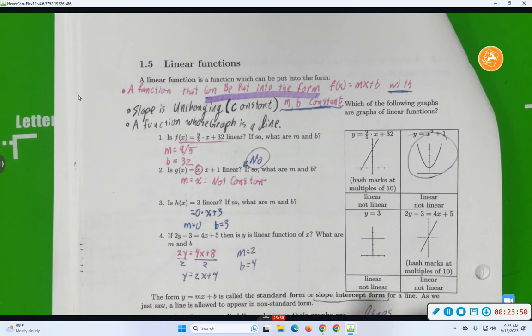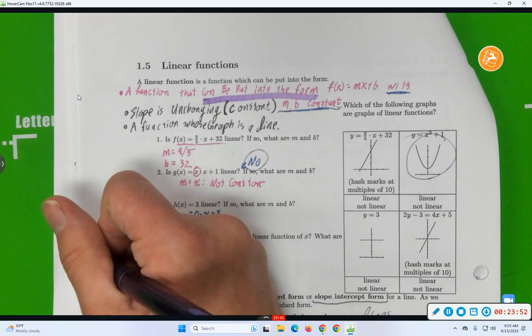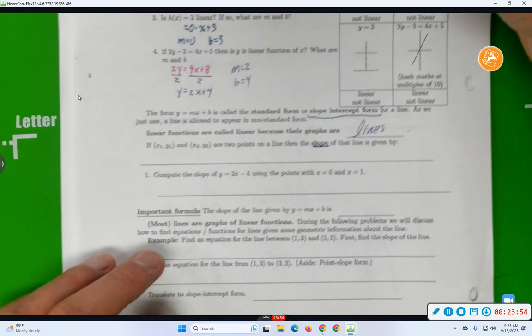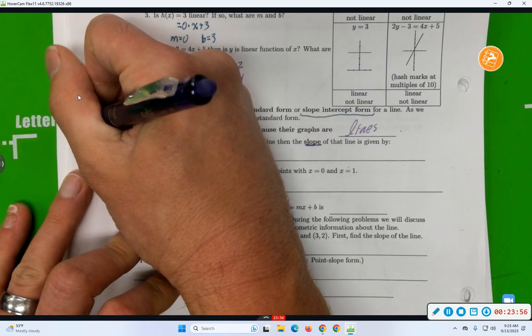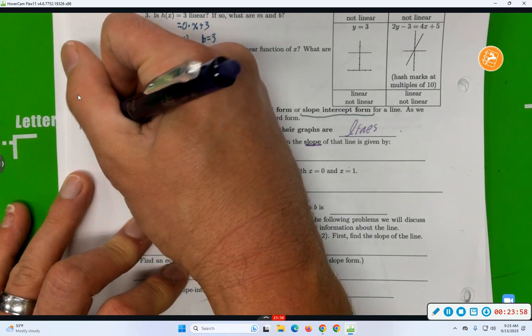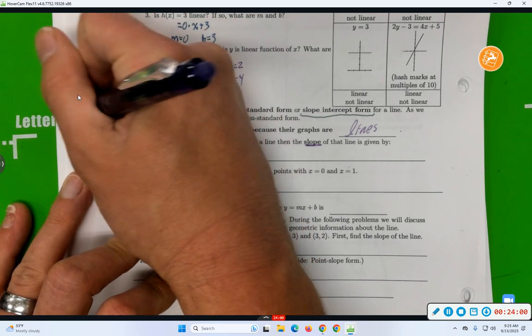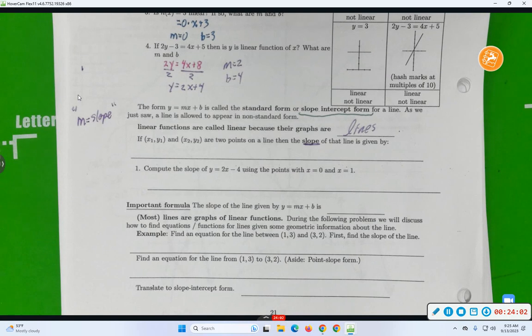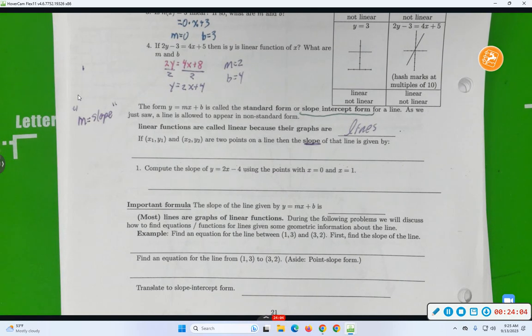Now let's focus on this word slope. So I guess you've already told me that m should be the slope, right? You've already told me that. What does the slope mean?